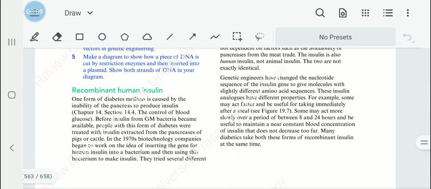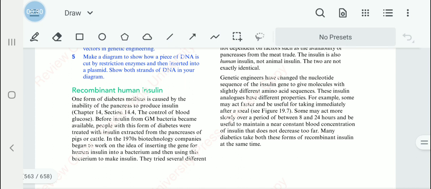Now, human insulin is of very high demand because one form of diabetes mellitus is dependent on insulin. It is required to control the blood glucose level.